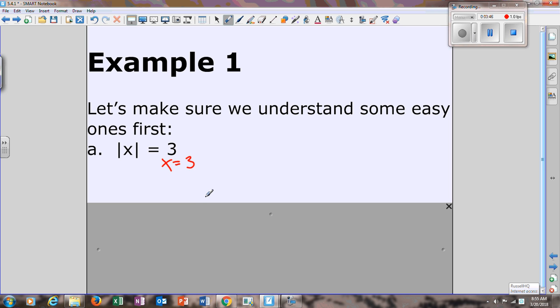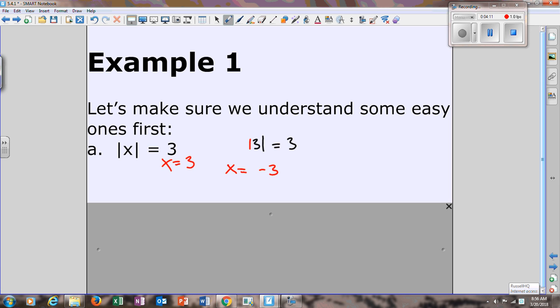Well, that would say that if x was equal to 3, then I can plug a 3 in here, and that's a true statement. And it is. Absolute value of 3 is 3. But there's not just one answer, because it can also be a negative 3. So your second answer would be x is equal to negative 3.